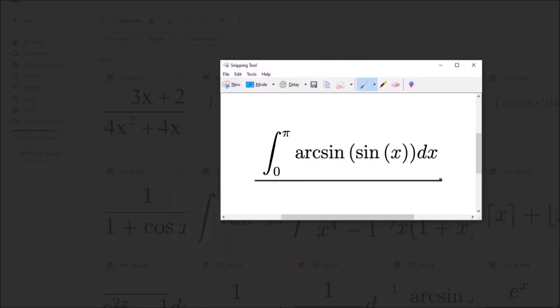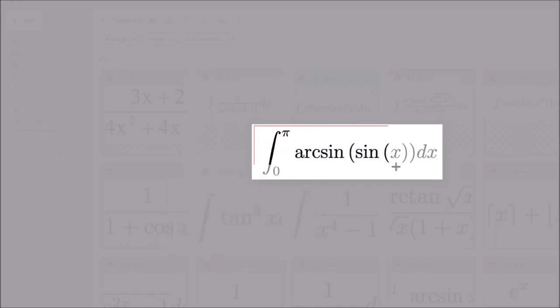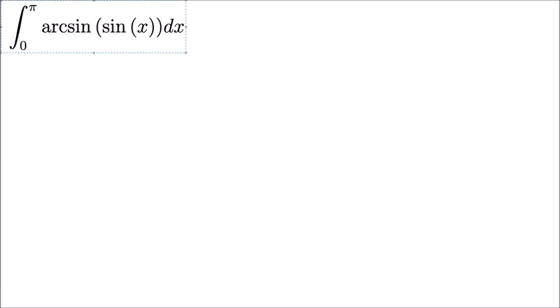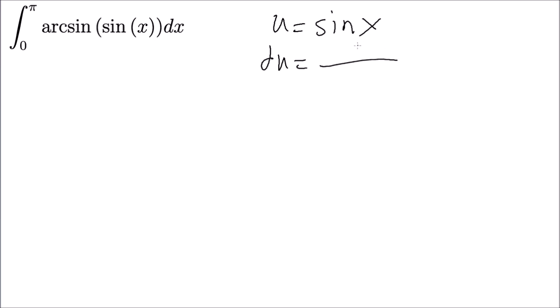There's a domain restriction. So you have to be very careful. The best way to look at it is letting u equal, what, sine of x? du. I'm sorry.